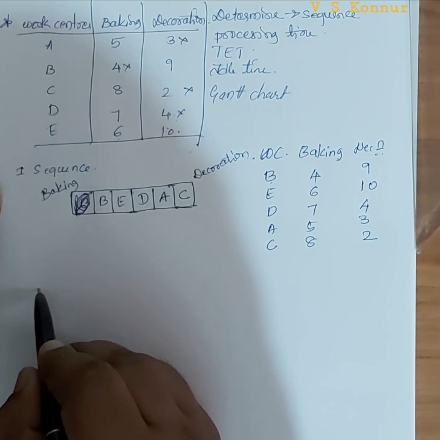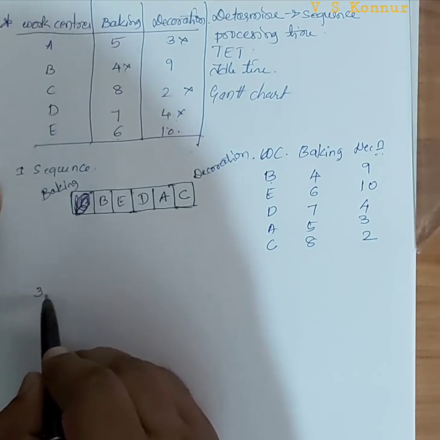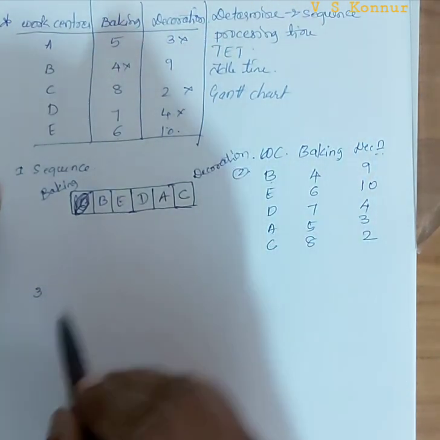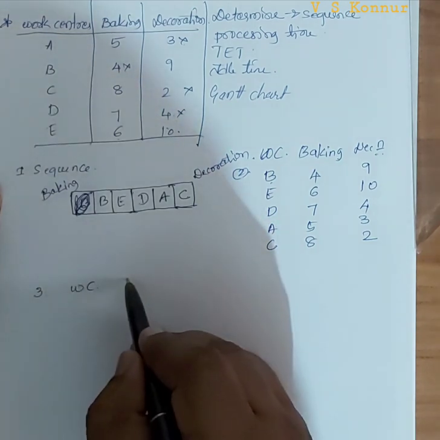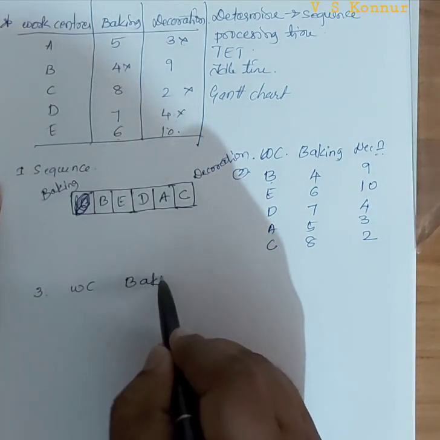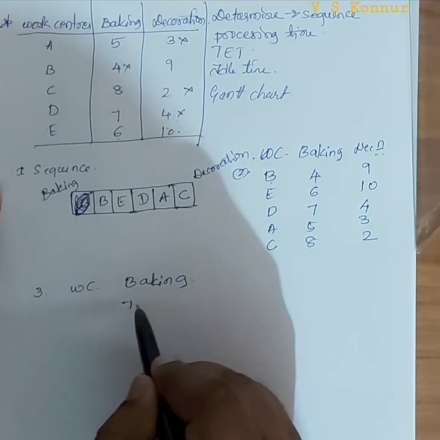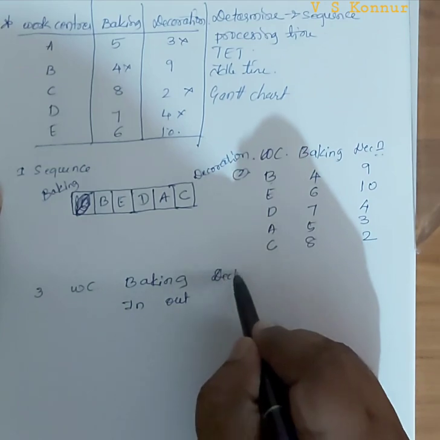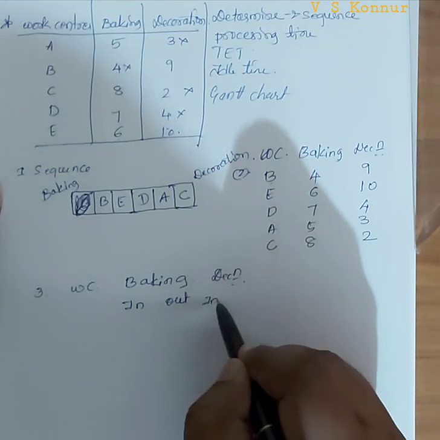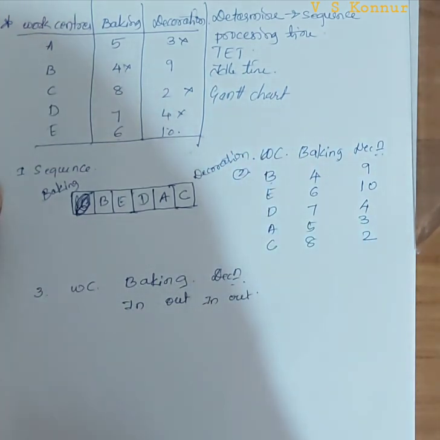Now we'll form another table. This table contains work centers, then baking. For baking, in and out is there. Then for decoration, in and out. Right.